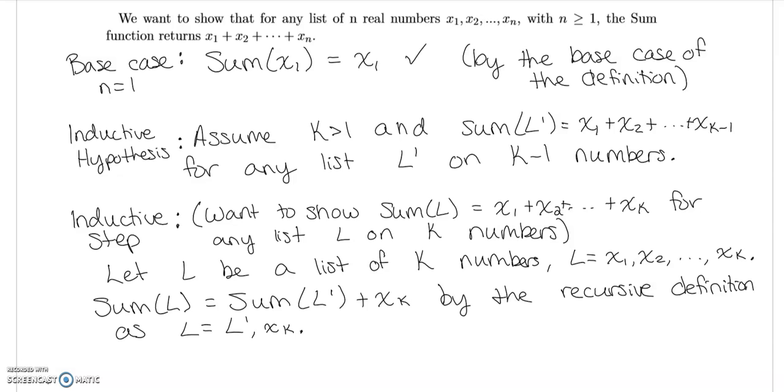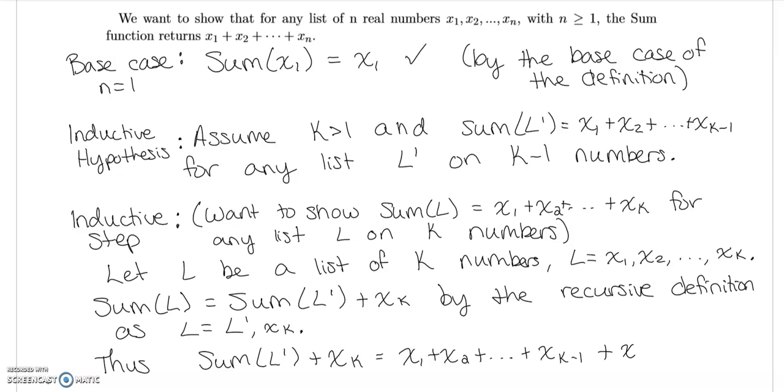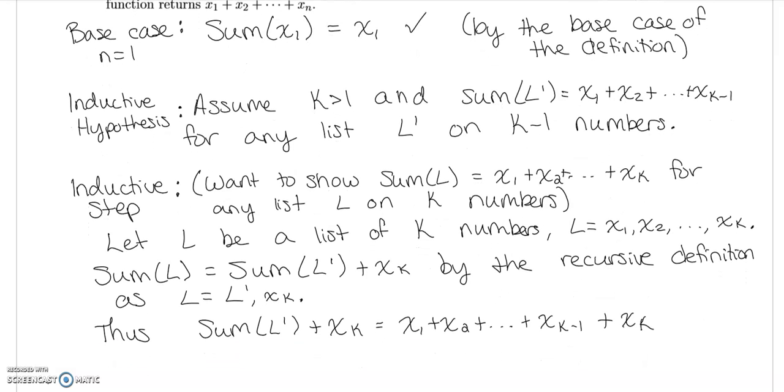Well, now what is sum of L prime? We know what that is by the inductive hypothesis. So we can say, thus, this sum of L prime plus x sub k is equal to x sub 1 plus x sub 2 plus all the way up to x sub k minus 1 plus x sub k by the inductive hypothesis.